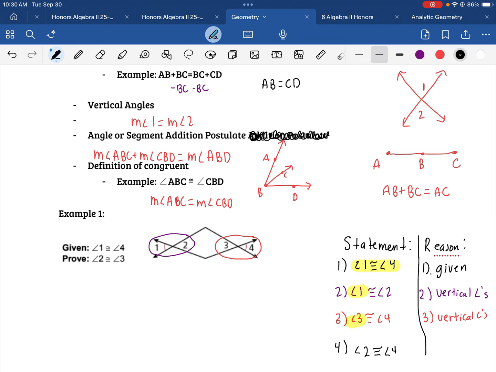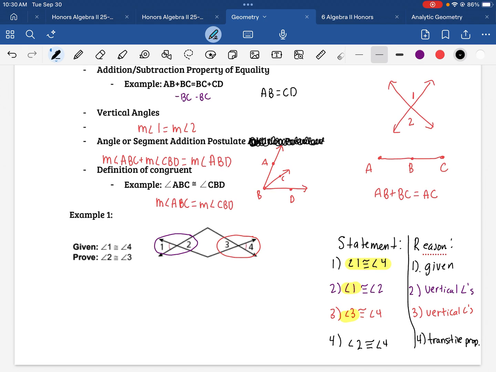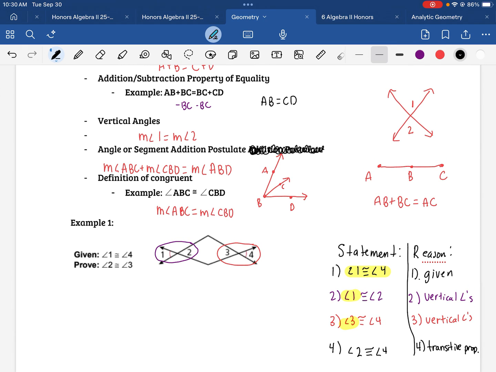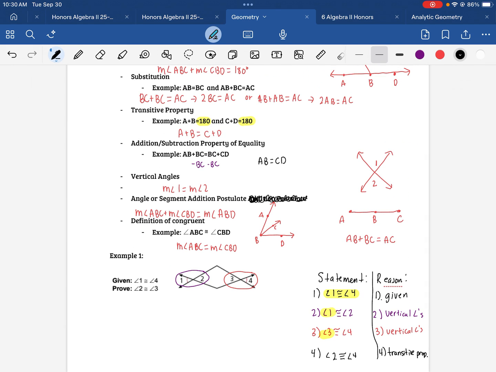This is going to be by the transitive property. Because we've got those two pieces that are equal to each other. Once you get to your final statement, the thing that you were trying to prove, your proof is finished. All right.